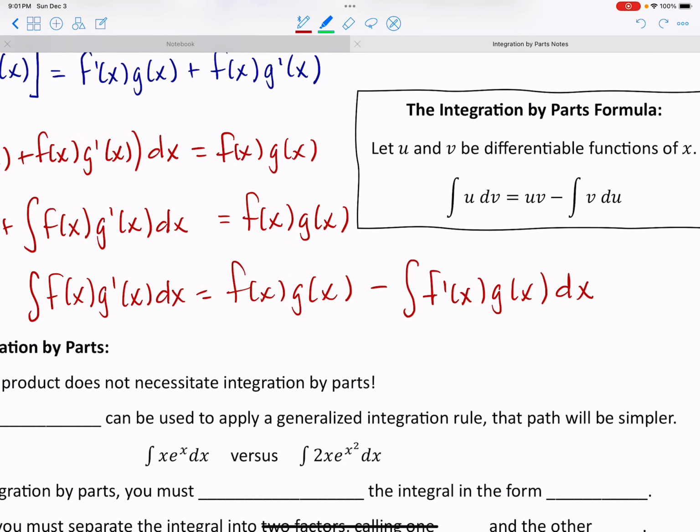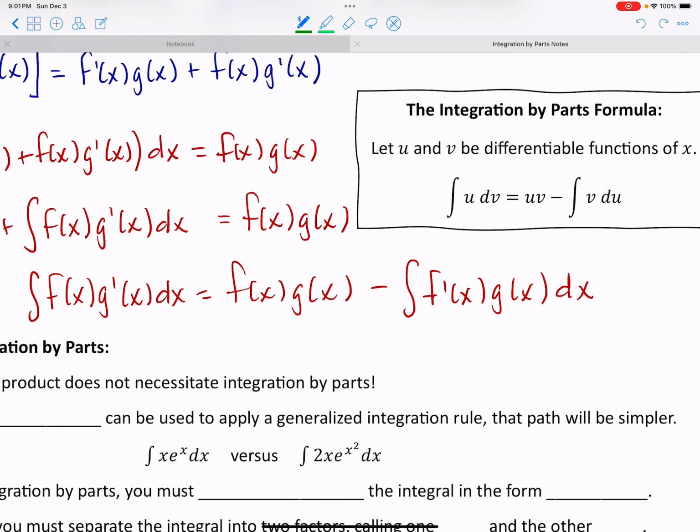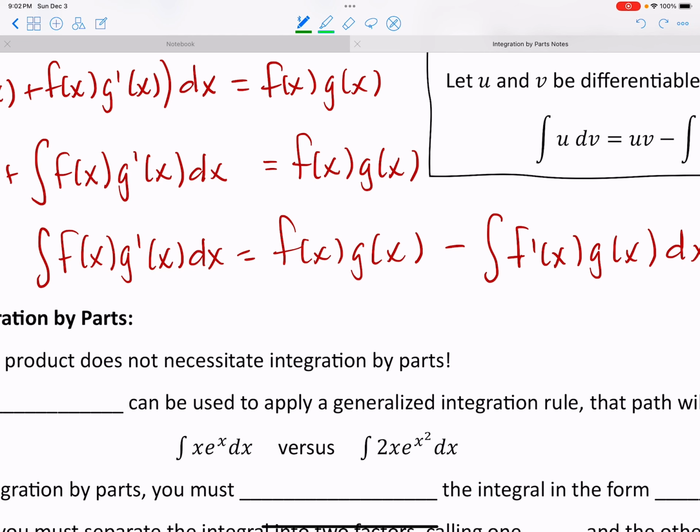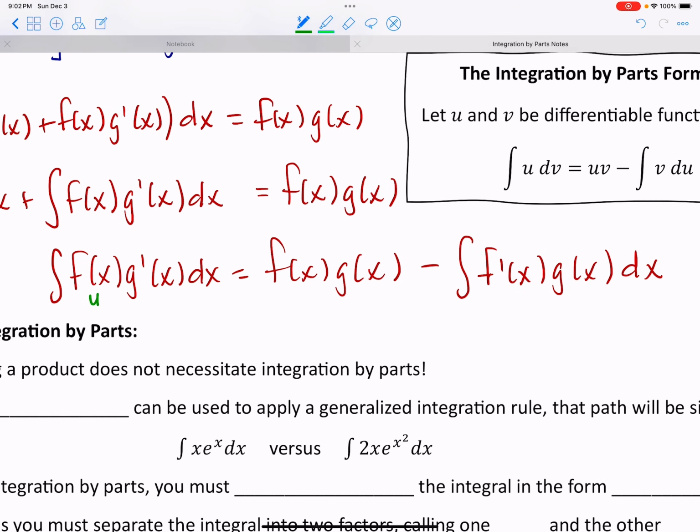So if I translate this into the simpler version here, again, f of x, g prime of x. So f of x is going to be replaced with u, so there would be a u here, there would be a u here, and then g of x is going to be replaced by v.